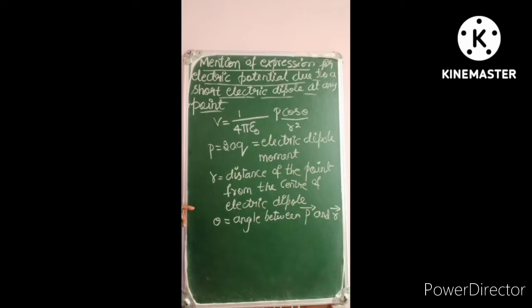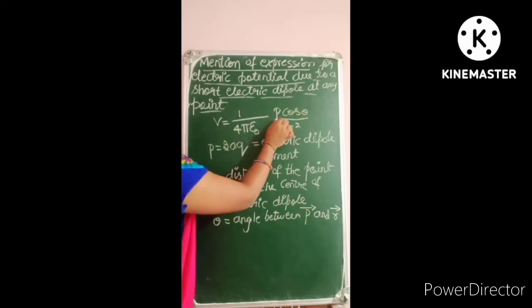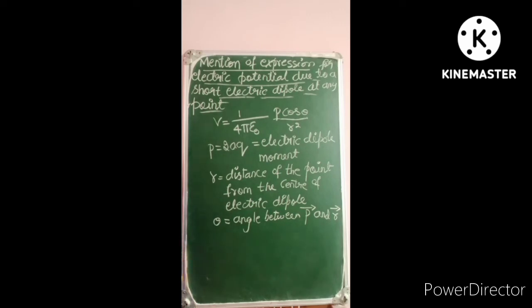This is about the expression for electric potential due to a short electric dipole at any point. It is given by V is equal to 1 by 4 pi epsilon naught P cos theta divided by R square, where P is the electric dipole moment, given as P is equal to 2aq, and R is the distance of the point from the center of the electric dipole, and theta is the angle between P bar and R bar.